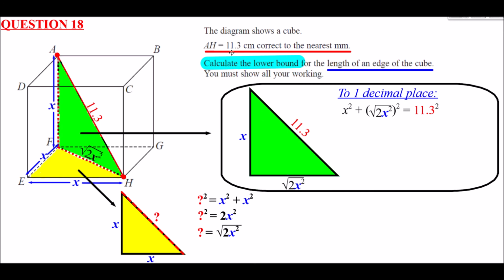But if AH is 11.3 to one decimal place, what's the absolute smallest it could have been, so that it would have just about still rounded up to 11.3? The lower bound of AH, therefore, actually must be 11.25. So considering lower bounds, we'd get rid of 11.3 and instead consider it as 11.25.